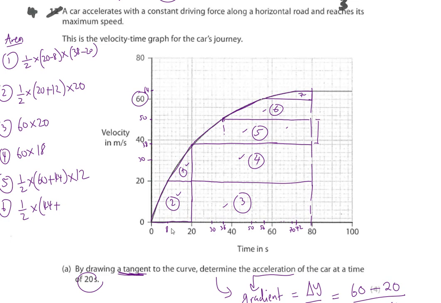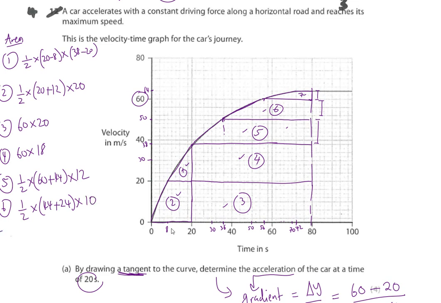So this will be 24 times the height, which is a very small height. Oh, wait a minute. Okay, I need to be careful here. So 44, 20. Yeah, so this is the height. The height is going to be from 60 to 50, so this is going to be 10.